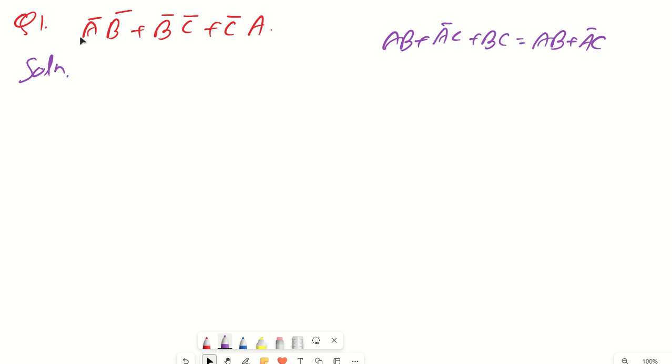Let's say I consider A bar as X, B bar as Y, and C bar as Z. So what will happen here? Can I write it down: XY plus YZ plus X bar Z.